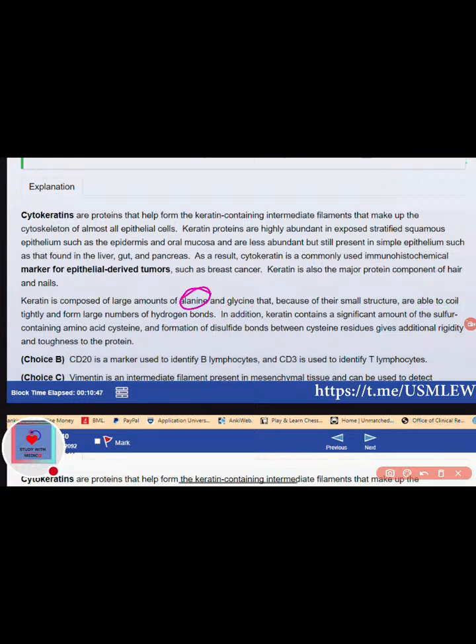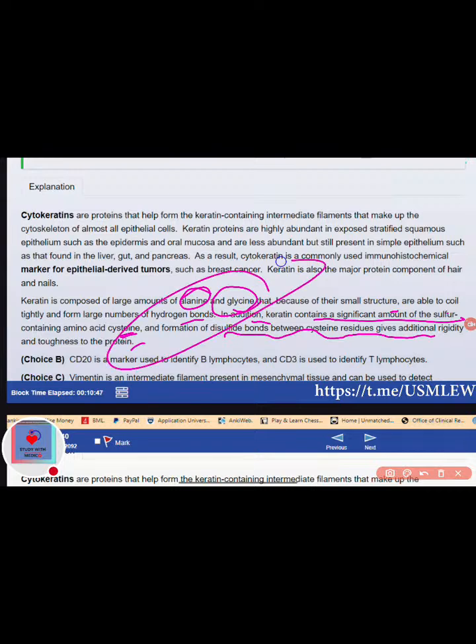Alanine is present in rice. Because of this small structure, keratin is able to coil tightly and form large numbers of hydrogen bonds. Keratin contains a significant amount of sulfur-containing amino acids such as cysteine. Formation of disulfide bonds between cysteine residues gives additional rigidity and toughness to the protein.